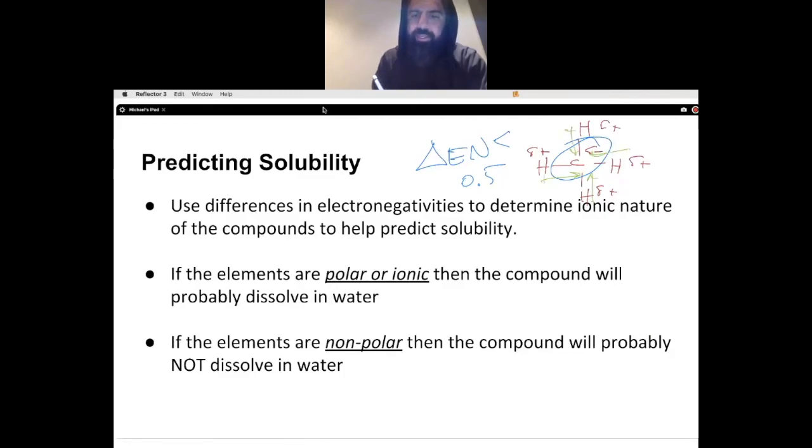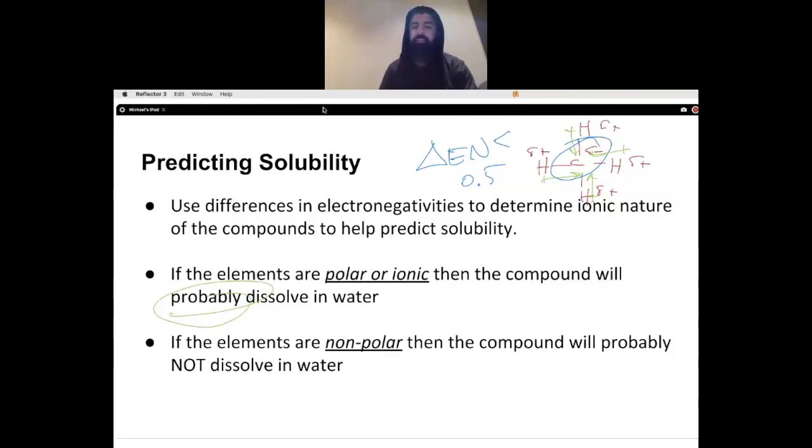I think I did a diagram like this back in class, back in late February. But notice how the negative aspect of this polarity is in the center. To reach that is going to be difficult with all the slightly positive attraction towards the outside. Hence the reason why this is also considered nonpolar. Now, if elements are polar or ionic, then the compound will probably dissolve in water.